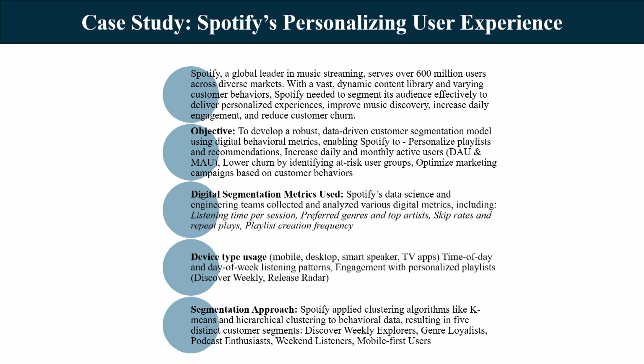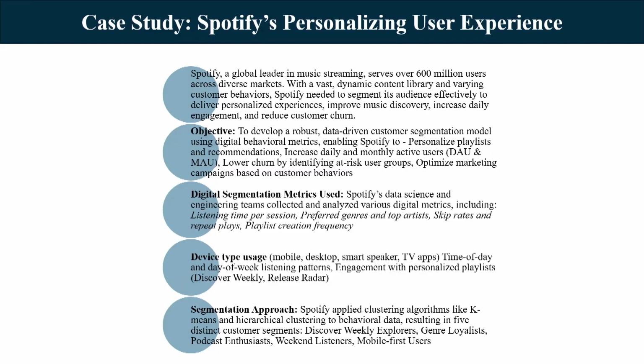All these metrics were taken into consideration in order to give you a better product experience. Then they also considered the device type used, whether it is mobile, desktop, smart speaker, or TV apps, the time of day and day of the week of the listening patterns, and engagement with personalized playlists. So, all this data was taken into consideration.